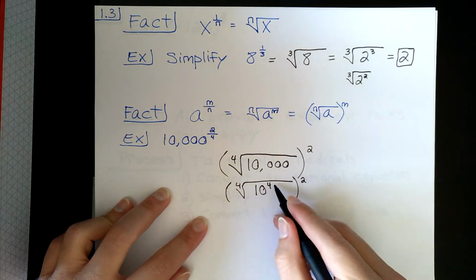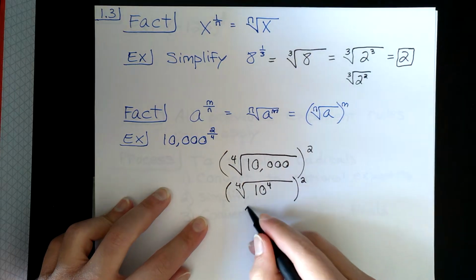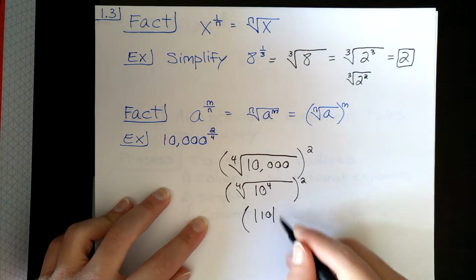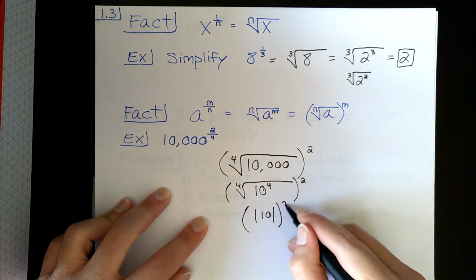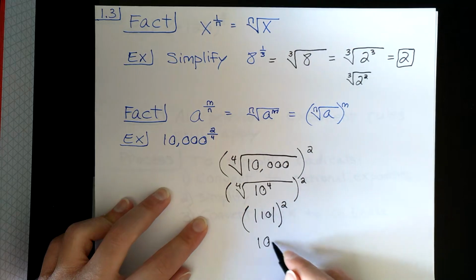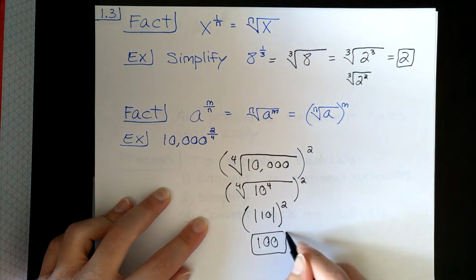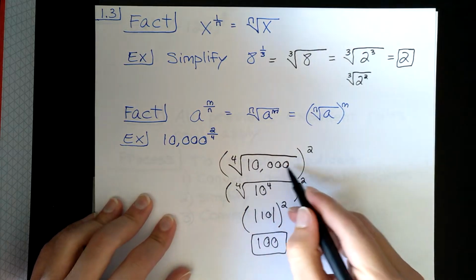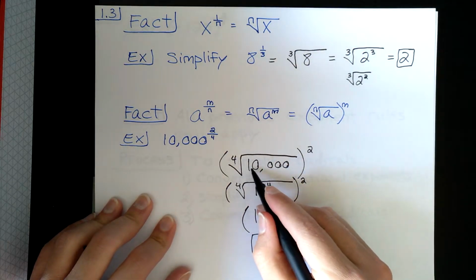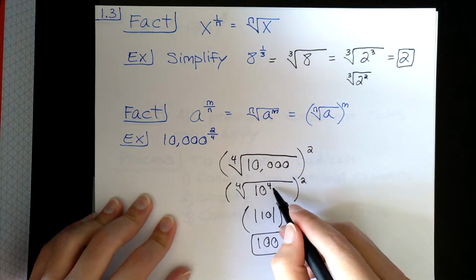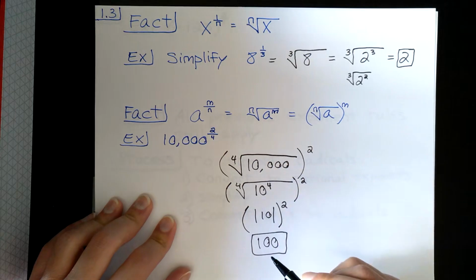The fourth root of 10 to the 4 is the absolute value of 10, all squared, which leaves us with 100. Always remember that trick. Whenever you're dealing with a 1 with a bunch of zeros after it, just count the number of zeros, and that converts to the exponent.